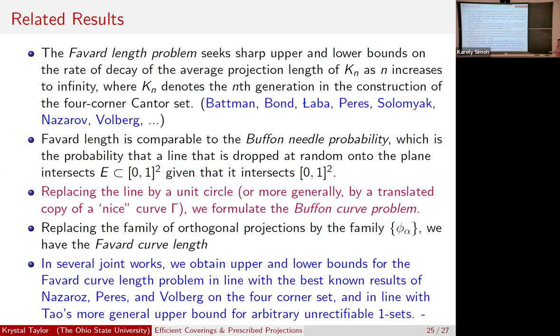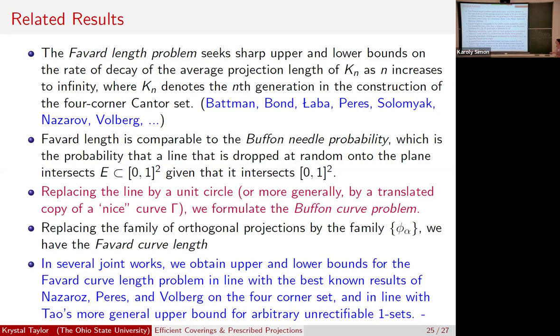That ends up being the probability that if you drop a translated copy of the unit circle onto your set, subject to constraints that you're staying within the unit square, say, it intersects. Okay, so our work with Katawi, which we rephrase, says the Favard curve length of the four-corner Cantor set is 0. And so one might ask, well, what's the rate of decay?